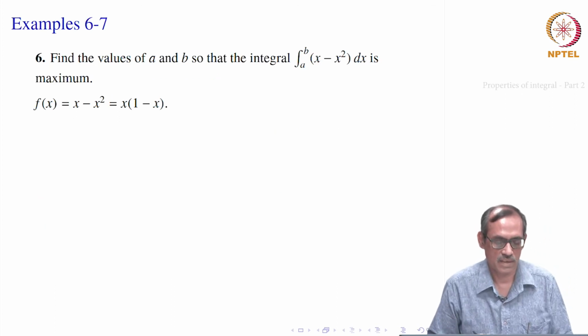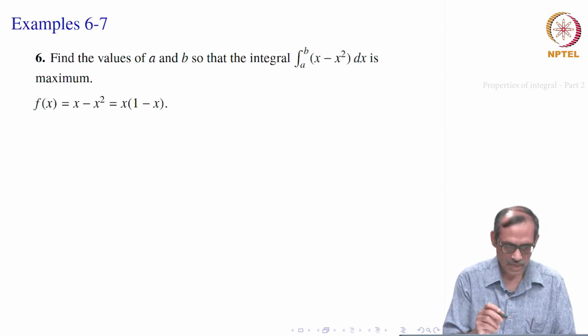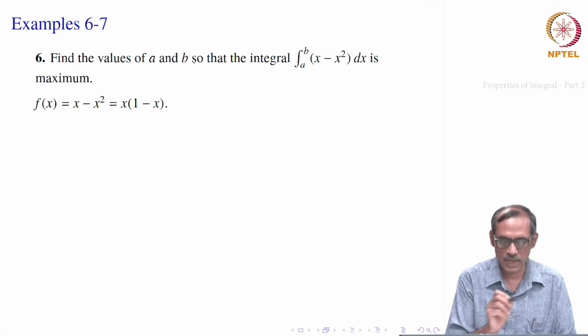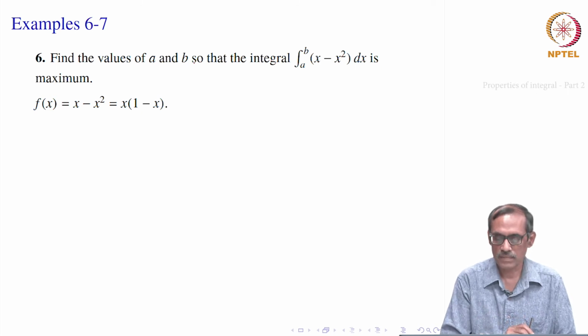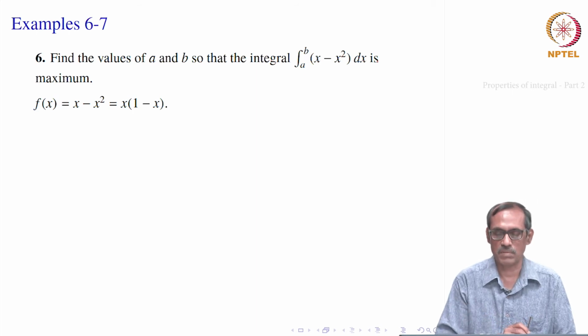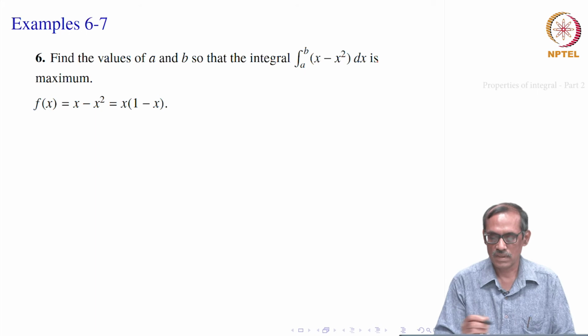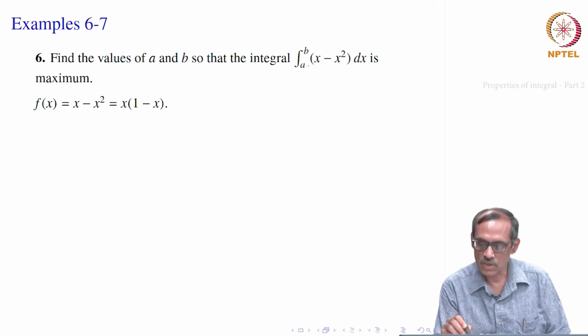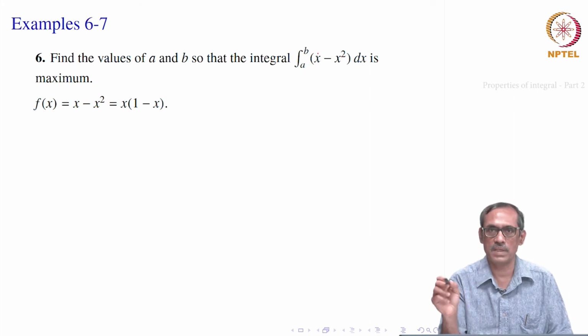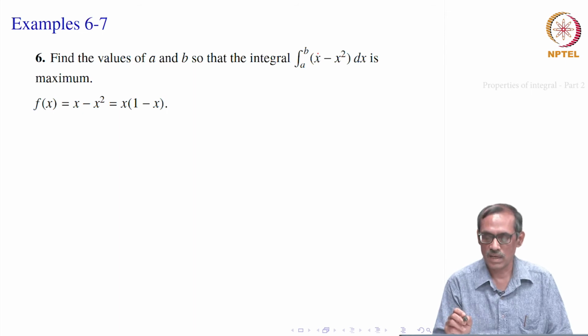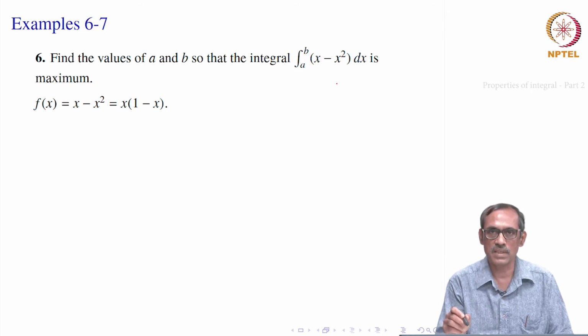So, let us take one more, say find the values of a and b so that the integral from a to b of x minus x square dx is maximum. See what happens here: suppose the interval a to b is given, you take any function f of x, then the integral from a to b of f of x is a number, right.